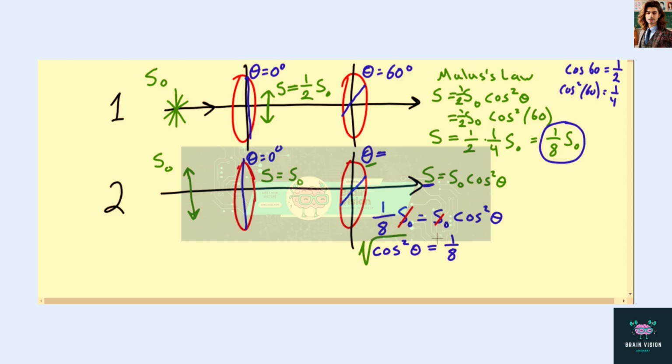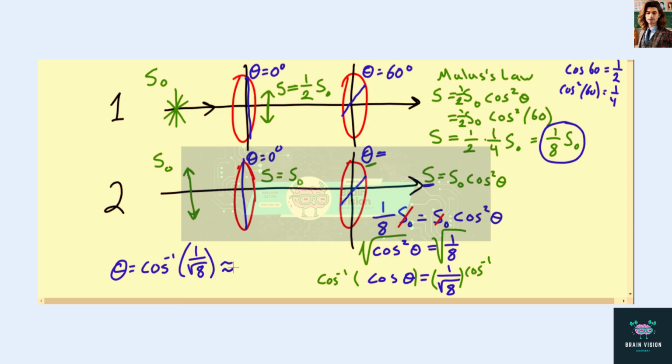Can take the square root of both sides now. Cosine theta equals 1 over square root of 8. And then finally, we want to take the cosine inverse of both sides. And you'll see then that theta is equal to the cosine inverse of 1 over square root of 8, which is about 69.3 degrees.